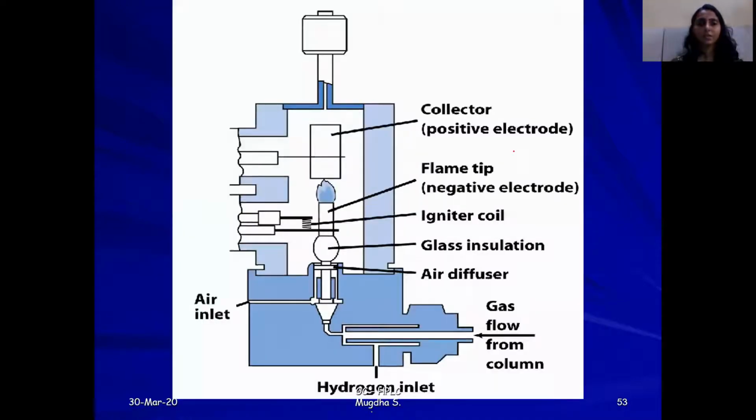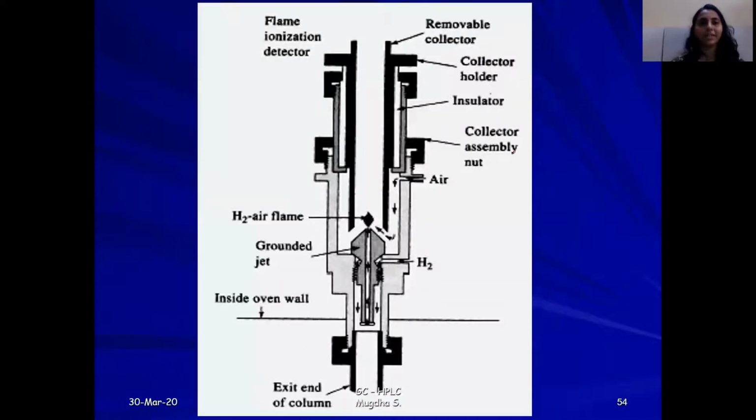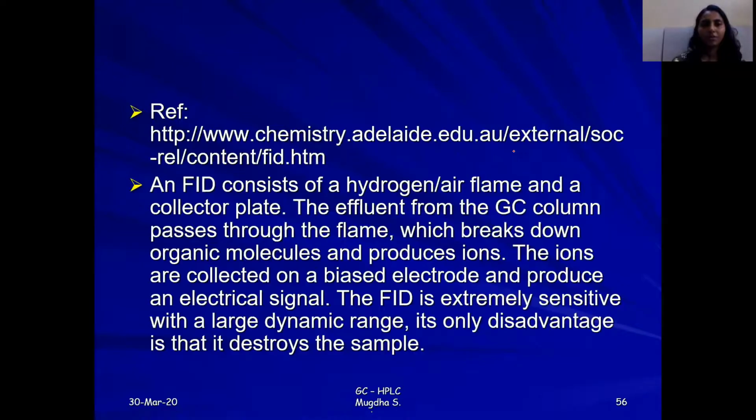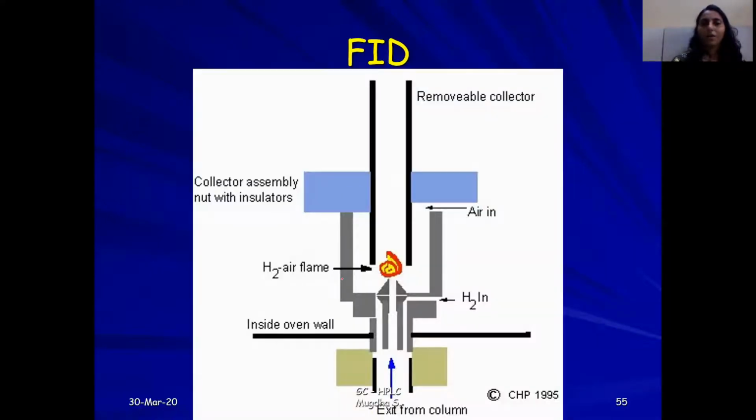So this is the construction. There are 2-3 diagrams. You can take any one of them. 1, 2, and there's one more. This one is also there. So it's simple. What you have is a flame in which the sample is inserted. You can see from this point, the sample is coming to the flame.